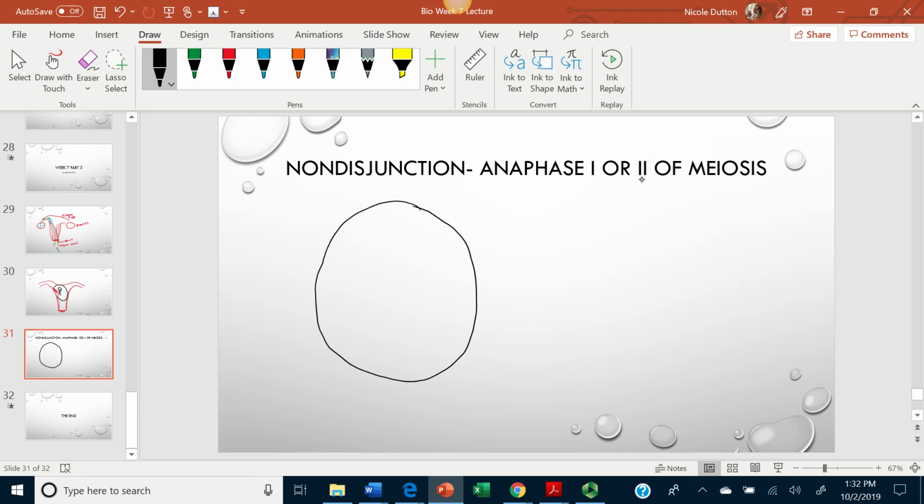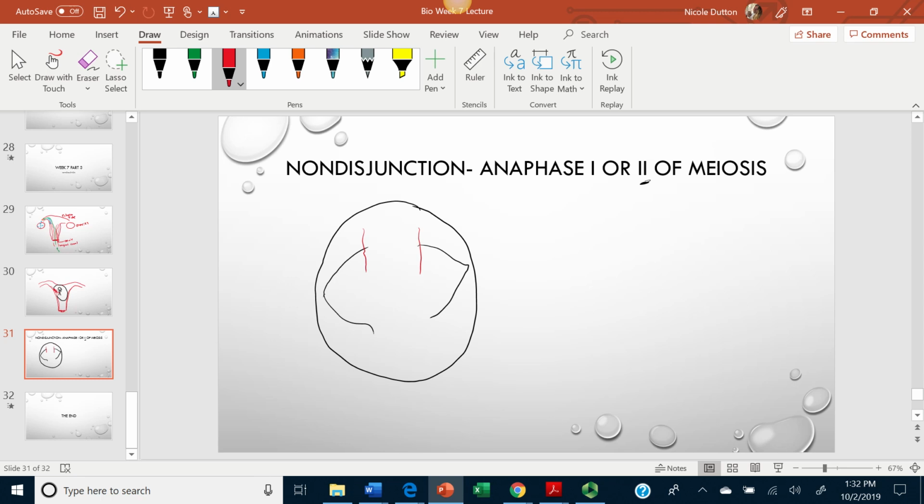So during anaphase 2, and even though this can happen in anaphase 1, I'm just going to draw anaphase 2. Remember, we have this spindle fiber that has formed, and now we don't have to draw the crossed over chromosomes. I'm just going to draw regular chromosomes. So the chromosomes are going to separate and start migrating toward opposite ends of the cell.